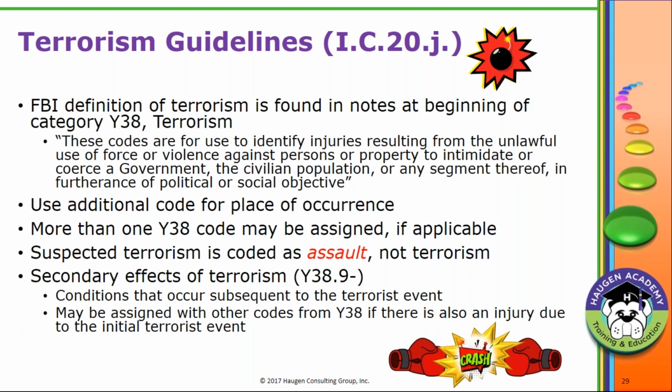You can use more than one code from category Y38 if it applies. And suspected terrorism, so if it hasn't been confirmed, is coded as assault. You need to be very careful with your documentation here. There's also a category for secondary effects of terrorism, Y38.9, conditions that occur subsequent to the terrorist event, and may be assigned with other codes from Y38 if there's also an injury due to the initial terrorist event.